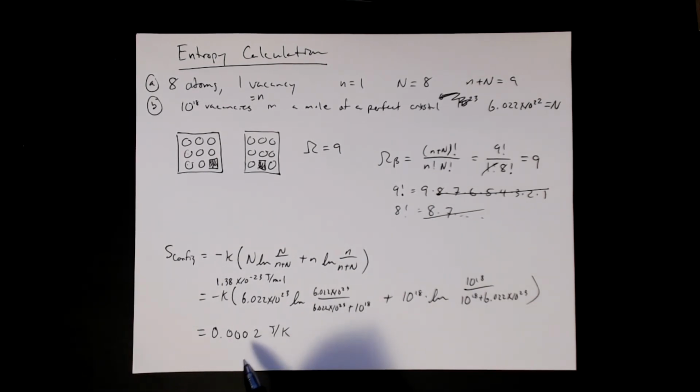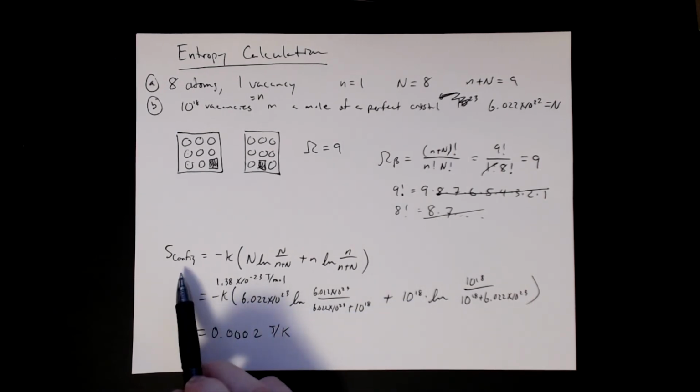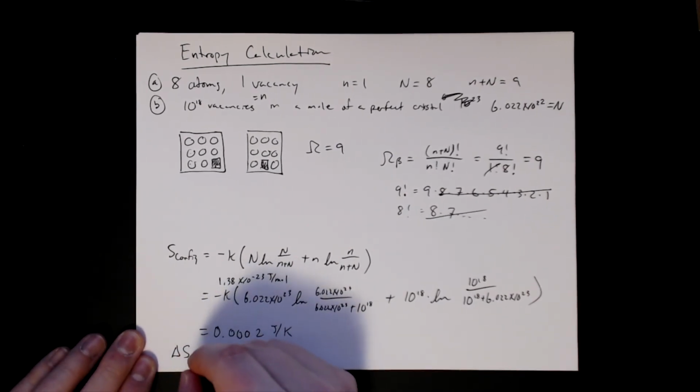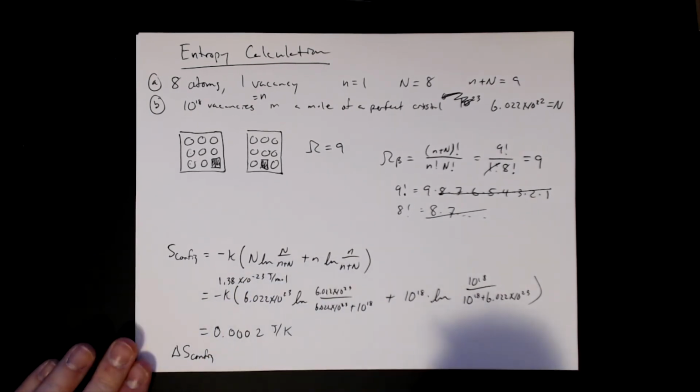So it's a very small number. So one thing to keep in mind here is that so far I've calculated the entropy of our system, but in actuality, we want to get the change in entropy of our system.